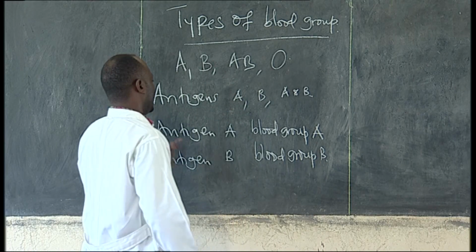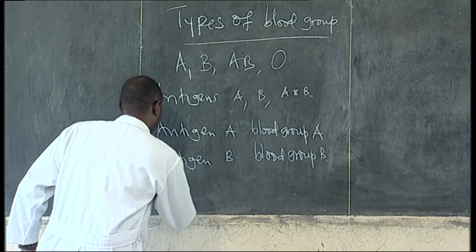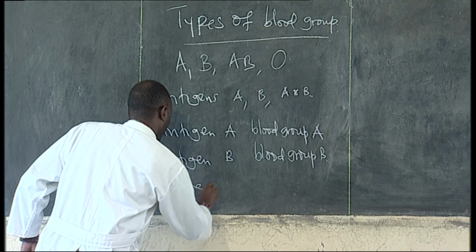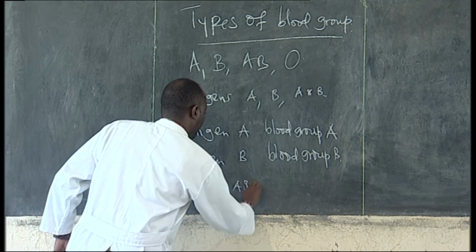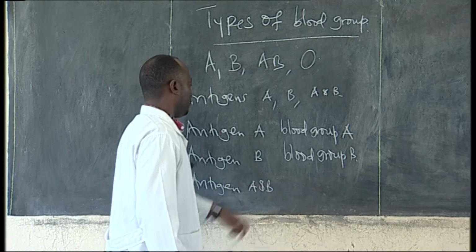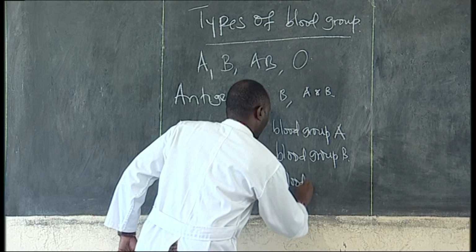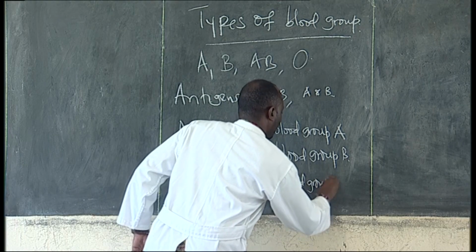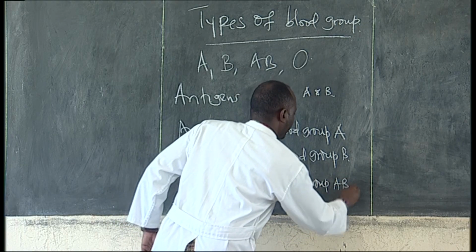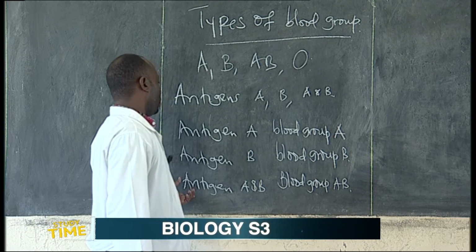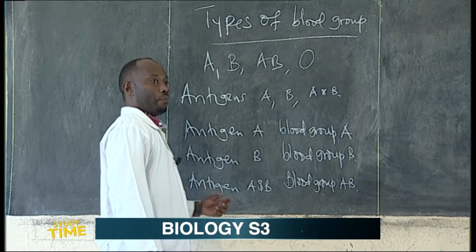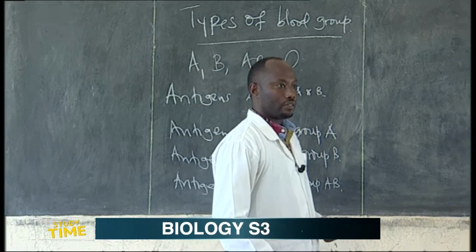Then a person with antigen A and B, when he has both antigen A and B, the person must be blood group AB. Then when it comes to blood group O, blood group O has no antigens.